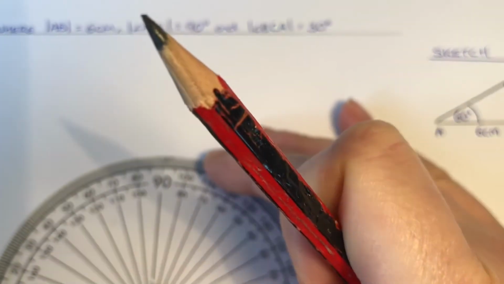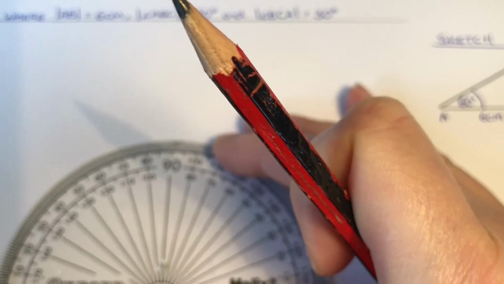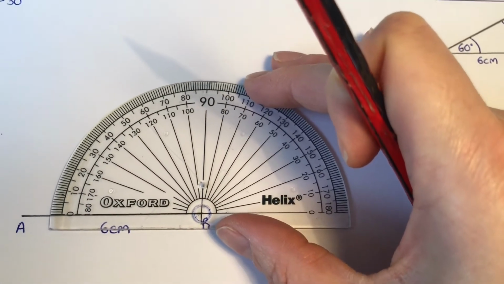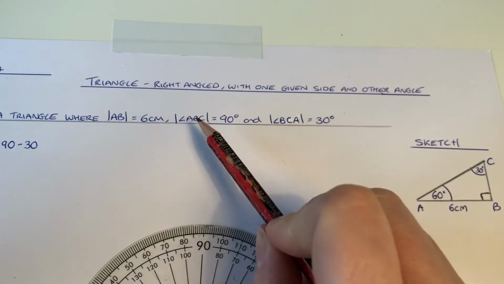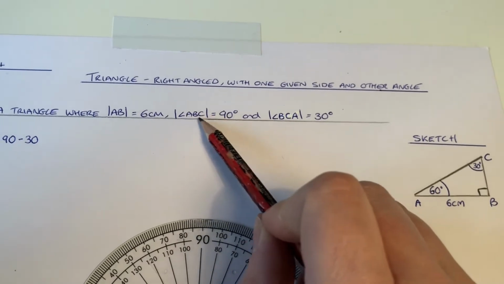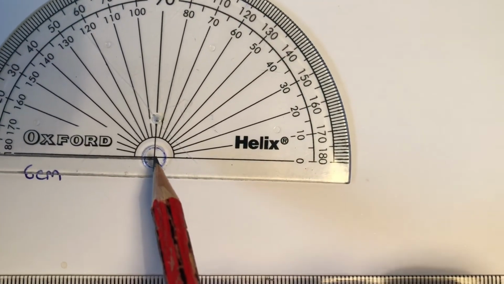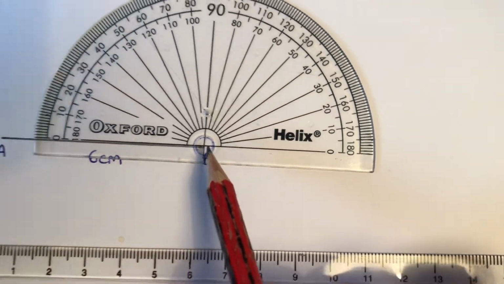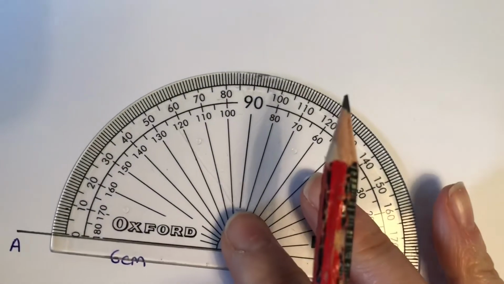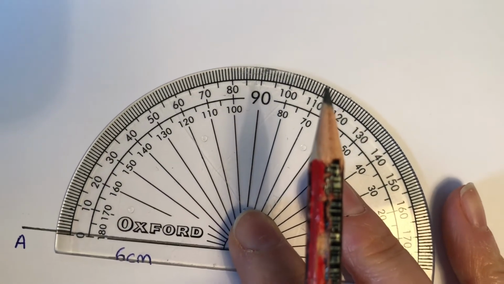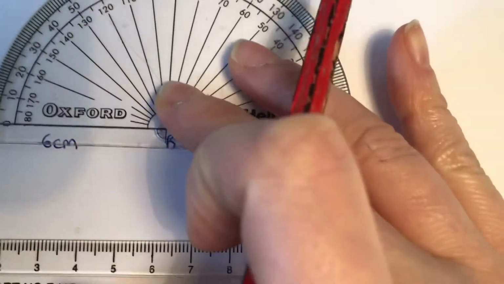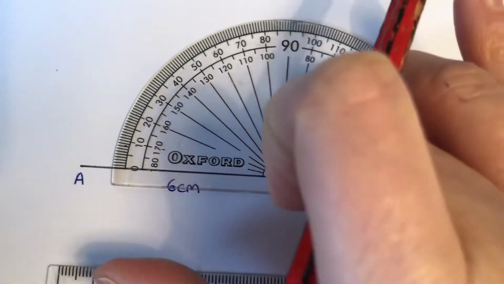We're going to place it exactly on the point that the 90 degrees sits on, which we know is B, the middle letter here for this angle notation. Making sure it's exactly the point underneath the cross, our center mark, and that the baseline of our protractor is exactly on top of the baseline of our triangle.